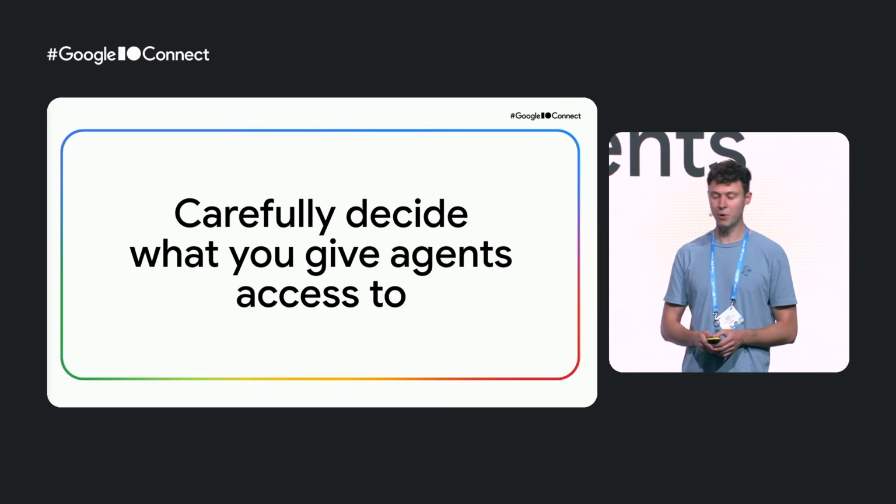Carefully decide what you give agents access to. Because with AutoConnect, depending on what Chrome instance you're connecting to, DevTools for Agents might use your personal Chrome profile instead of the default anonymous one, which puts your personal data at risk.